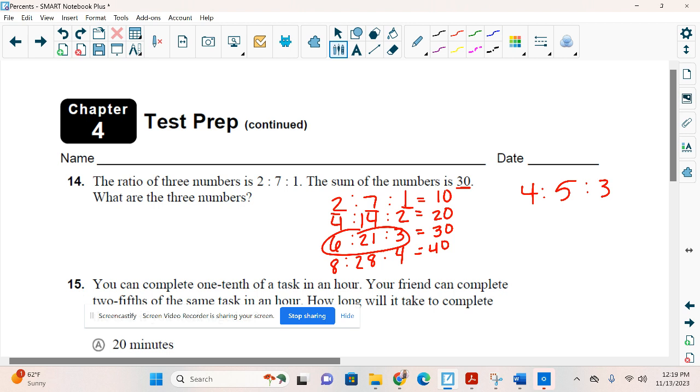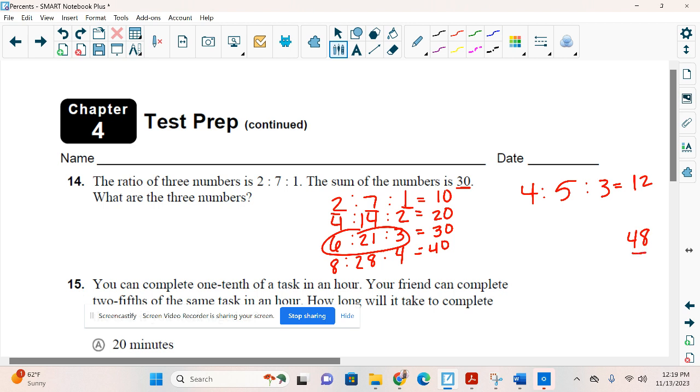What's my total right now if I add all these up? 12. I'm trying to get to 48. So how many times am I going to have to do that to get to 48? 12 times what gives me 48? 4.